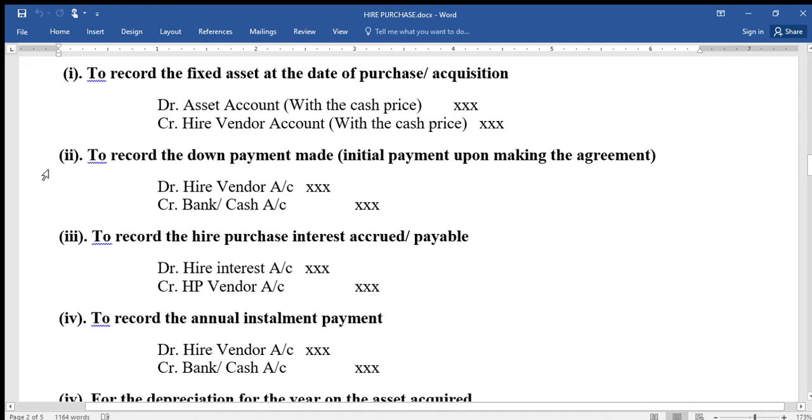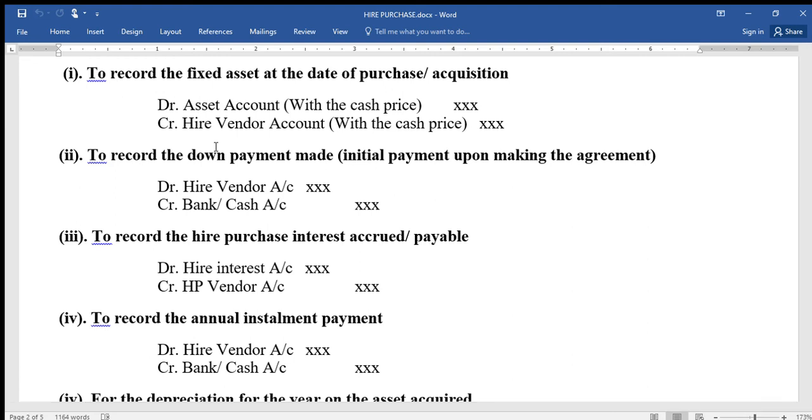Then the second accounting entry is to record the down payment made. Down payment is the initial payment made upon making the hire purchase agreement. The fact that it's a payment, it involves either cash or bank. So if we are paying by cash, cash reduces by crediting because it's an asset.